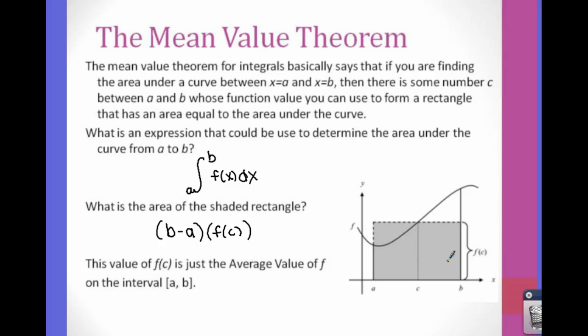So f of C times the quantity b minus a is equivalent to saying f of C equals 1 over b minus a times the integral from a to b.